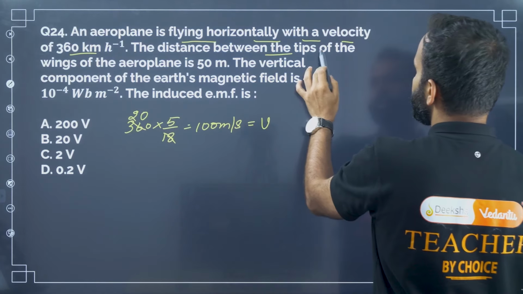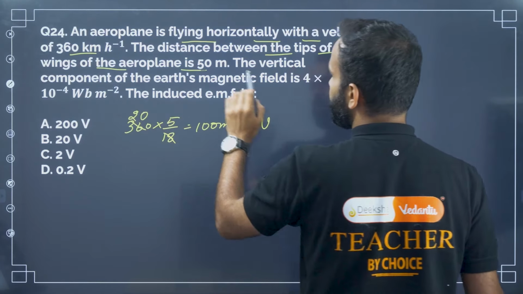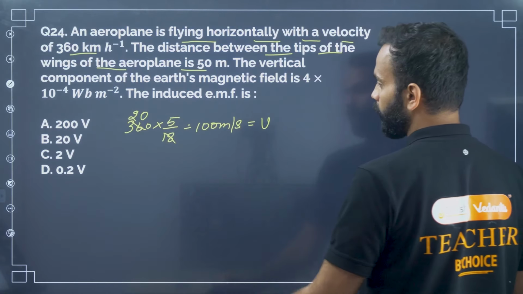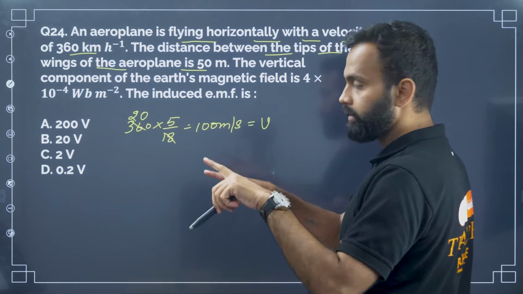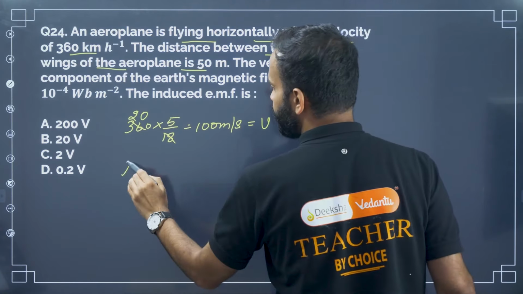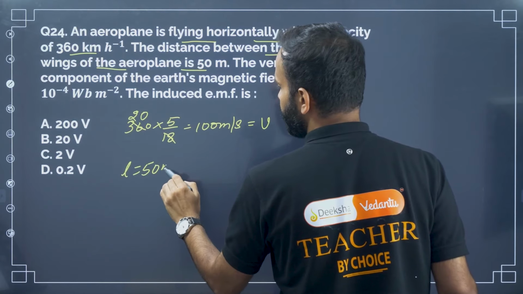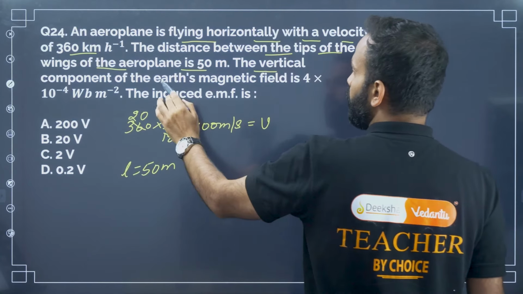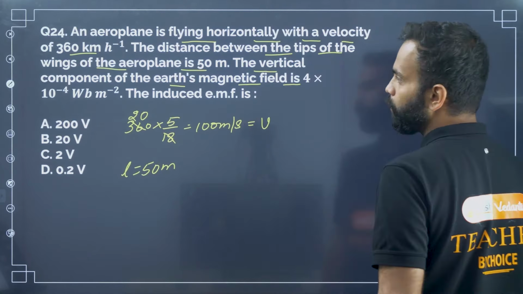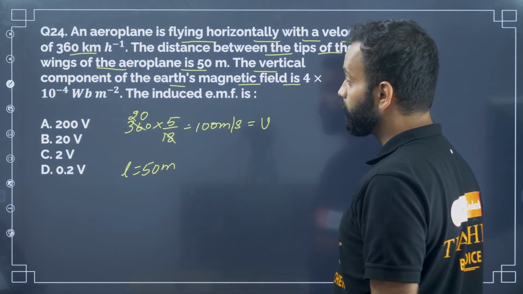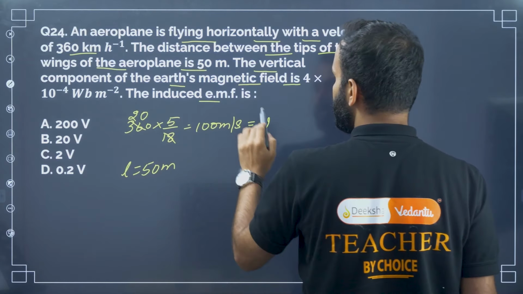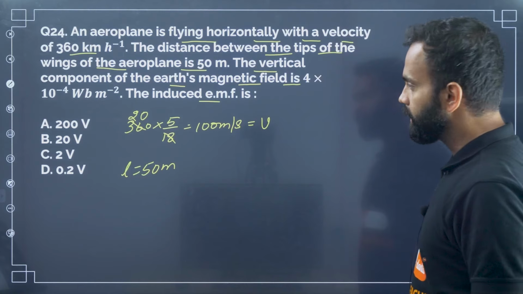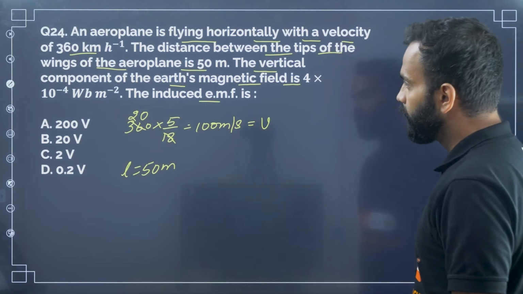The distance between the tips of the wings of the plane is 50 meter, so the total length of the wing will be 50 meter. The vertical component of the Earth's magnetic field is 4 into 10 to the power minus 4 Weber per meter square. We need to find the induced EMF.